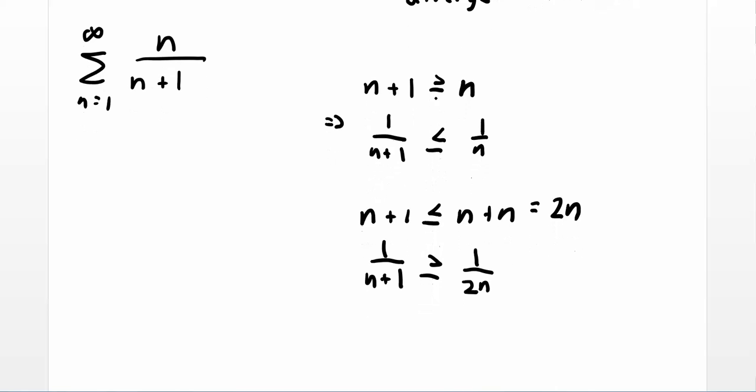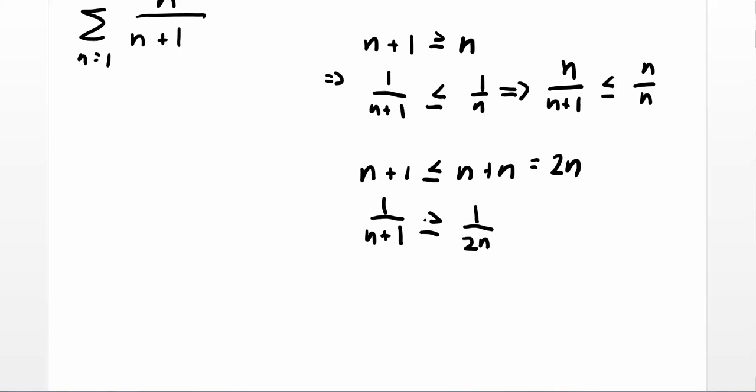So if I take this first inequality and multiply both sides by n, I'm going to get n over n plus 1 is less than or equal to n over n. If I take the second inequality and do that, I'm going to get n over n plus 1 is greater than or equal to n over 2n.